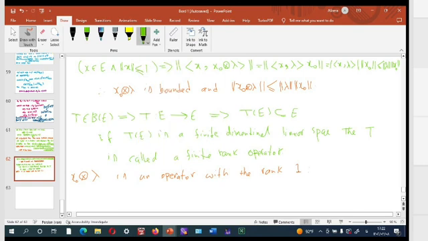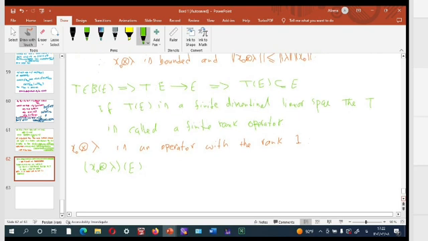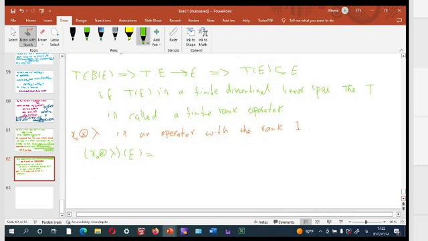it is very trivial, because the image of this linear function is equal to the set of all x0 tensor lambda of x such that x belongs to E, and this is equal to the set of all elements of this form, okay?